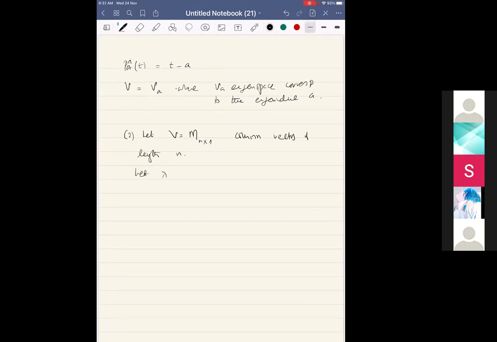Let lambda 1, ..., lambda r be distinct scalars. Here K can be R or C for this example too. So r is less than or equal to n.